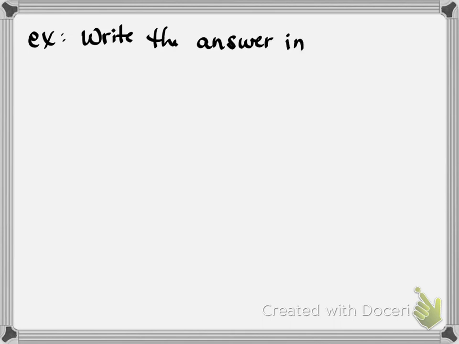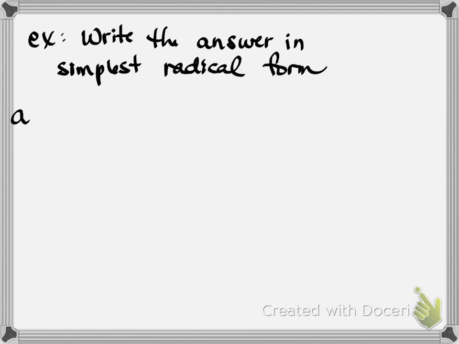And then if we were going to simplify radicals, maybe the example says, write the answer in simplest radical form. Alrighty, so if the first example is the square root of 100, you say, ooh, it's on my perfect square chart.